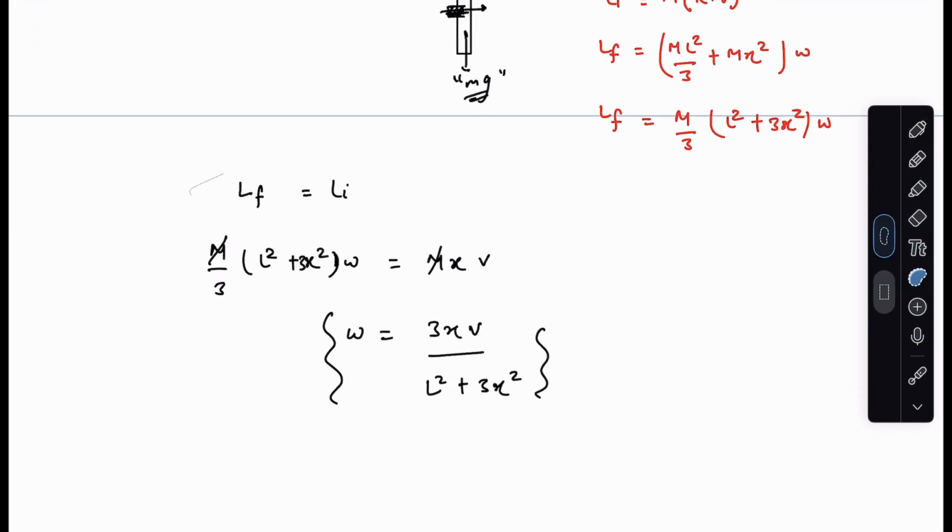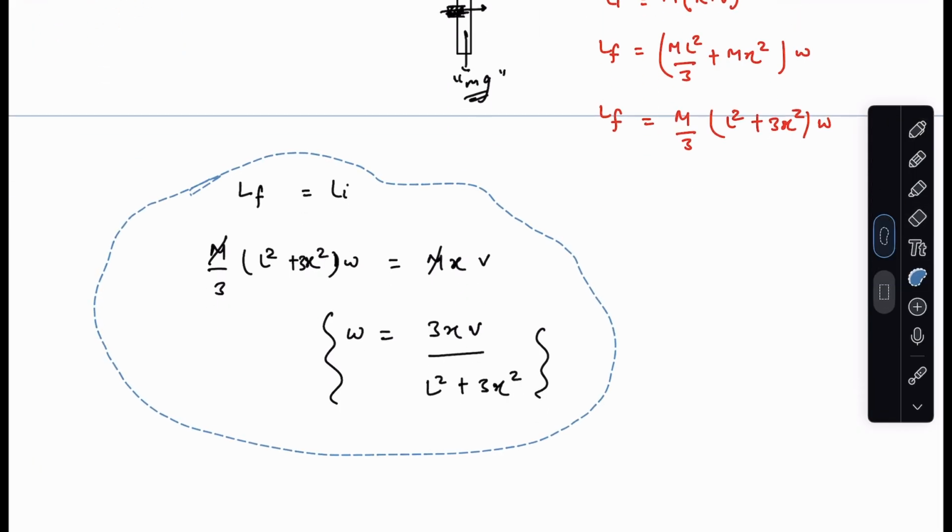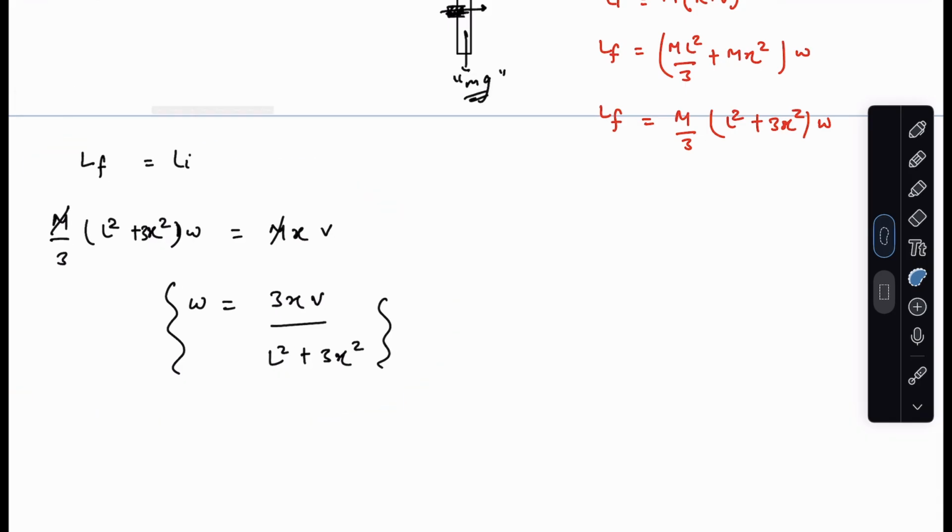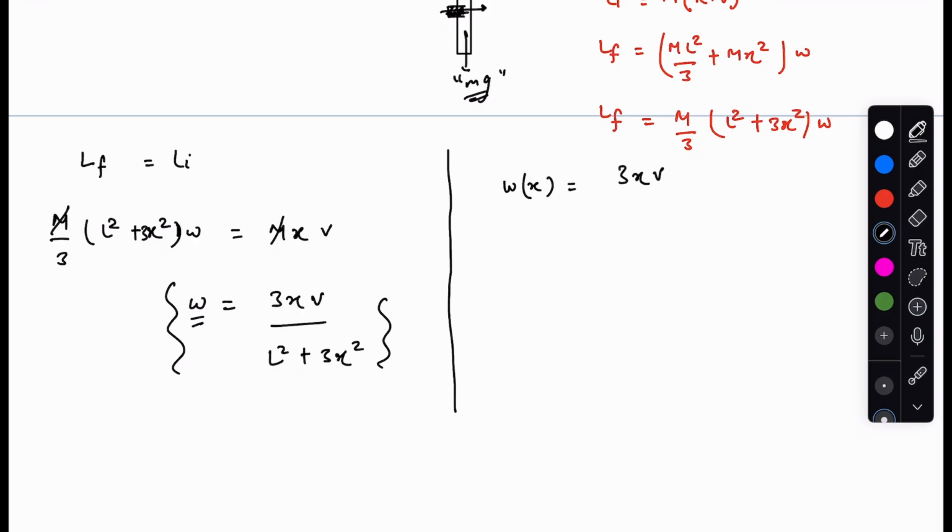So how do we calculate the maxima of this angular velocity? We got a function of this angular velocity in terms of x, and x is the distance where it is hitting. So I have this function omega of x, which is equal to 3xv divided by L square plus 3x square.